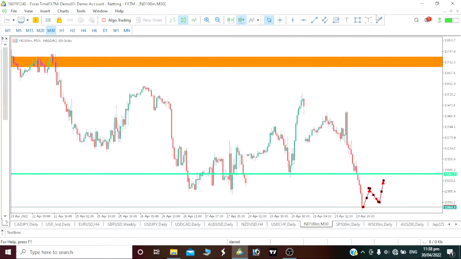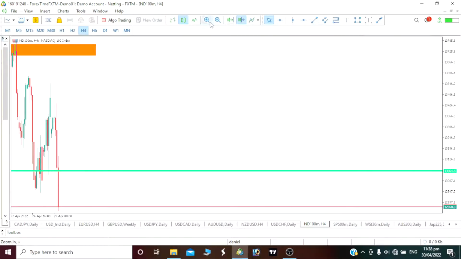Then we can start looking for a buy when our price comes down for its retracement, and then we can take our buy upward. If you see multiple breaks of structure upward, that will be the perfect time to take our buy position on our Nasdaq 100.